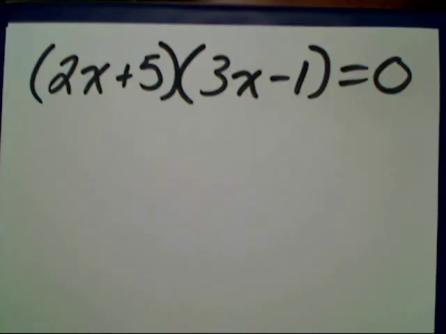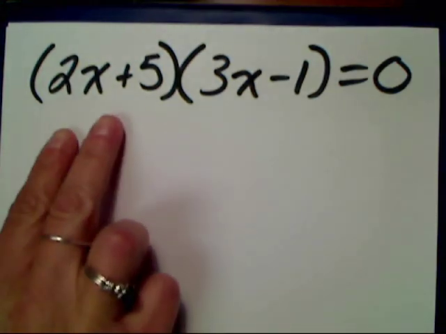Let's try another one. What if I had the quantity of 2x plus 5 times the quantity of 3x minus 1 is equal to 0? Because it's already equal to 0, I'm already in my property form, the zero product property, which states that either the A or the B has to be 0.